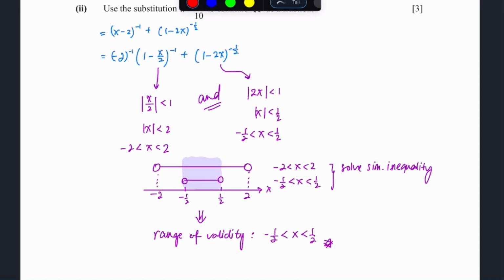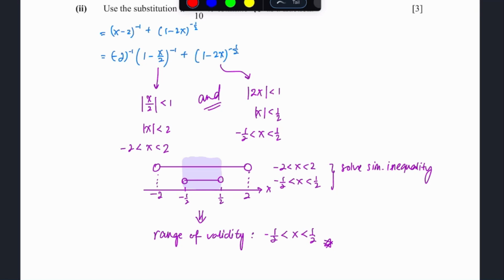If you want to do it slowly, do it in pencil on the side. In tutorial I show you the full picture, but in the exam, we apply exam strategy. Typically this is 4 marks: 3 marks go up to the expansion, 1 mark for range of validity. So we let it be.